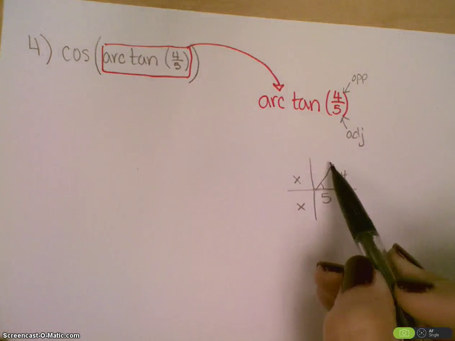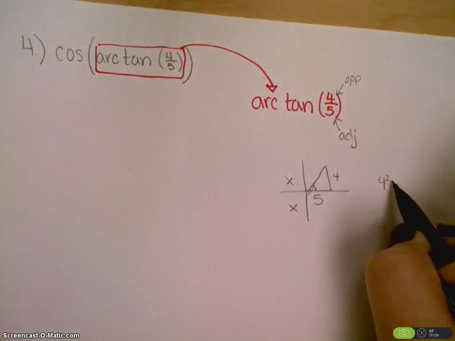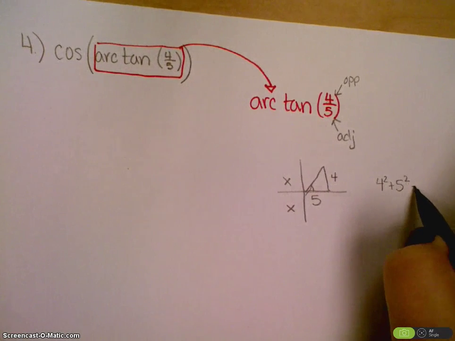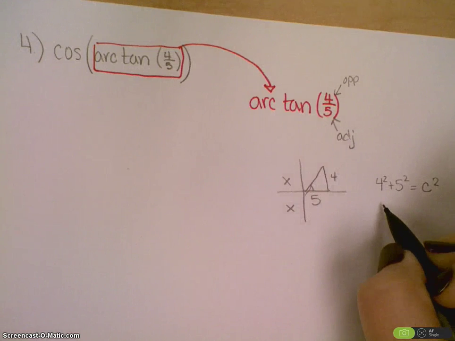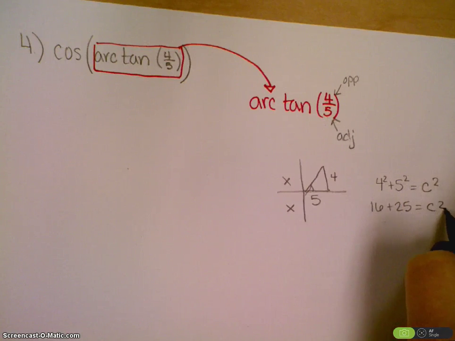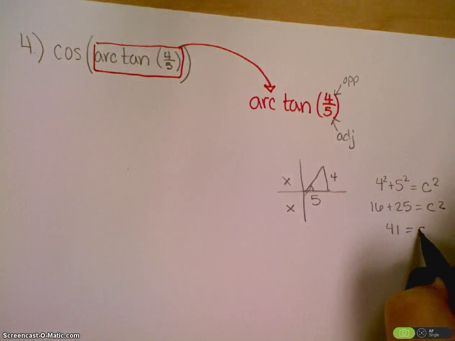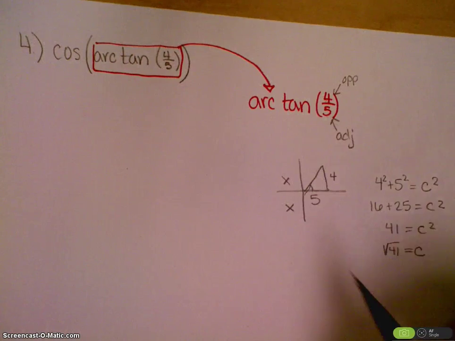And in order to go and find our hypotenuse, we need to use the Pythagorean theorem. 4 squared plus 5 squared is equal to c squared. So you get 16 plus 25 equals c squared. So therefore c is equal to the square root of 41.